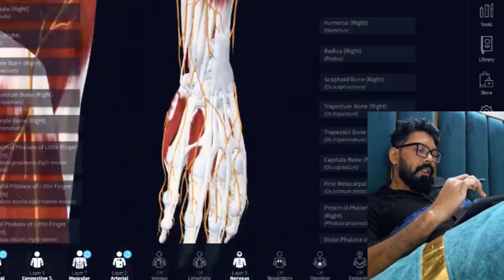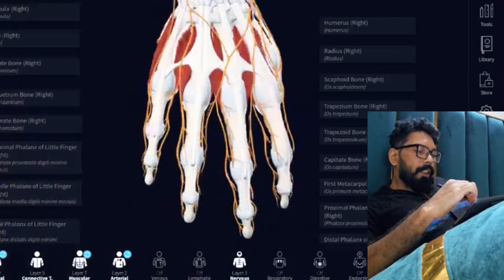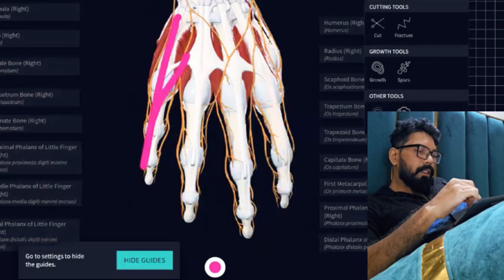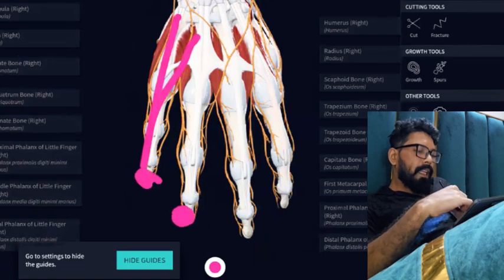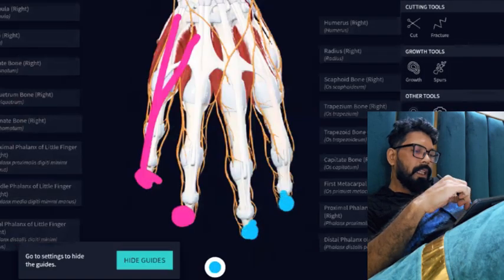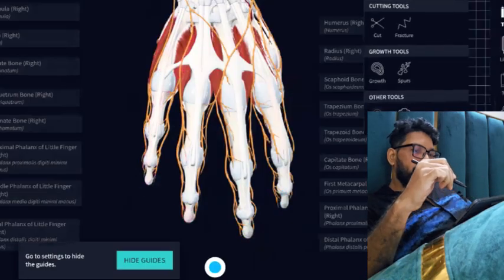It will supply your 1.5 fingers plus nail bed: this half, and the nail bed of the last two. The nail bed of the first three is supplied by the median nerve. These are very important. They ask you these questions, guys. Don't make a mistake with it.